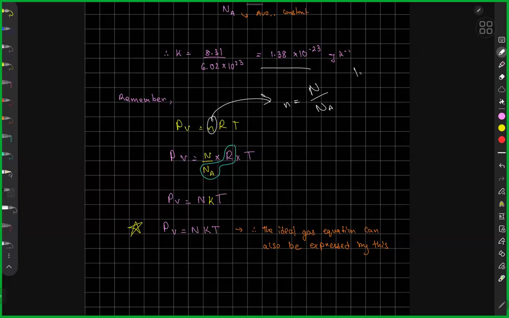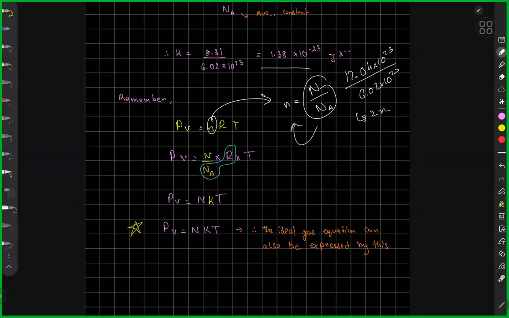So if I have 12.04 × 10^23 atoms available, how many moles are in here? I divide by the number of atoms in 1 mole, which is 6.02 × 10^23, and I get 2 moles.